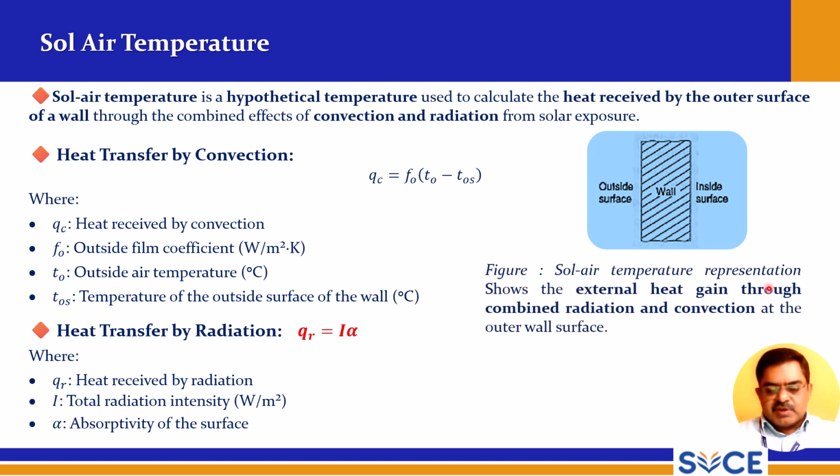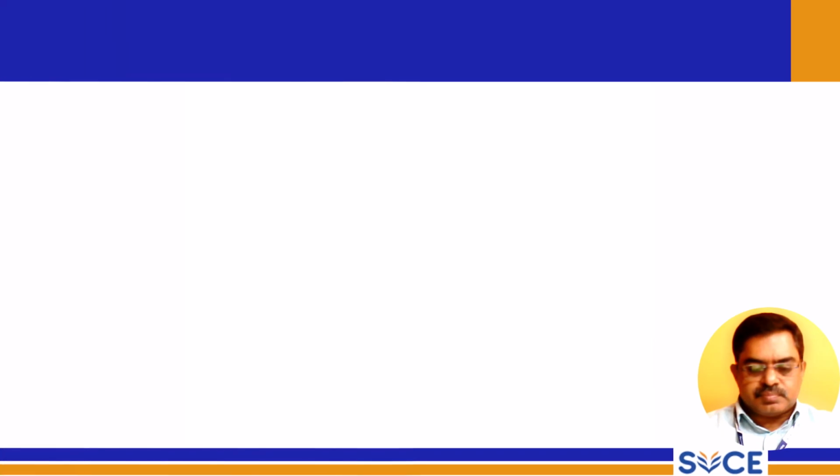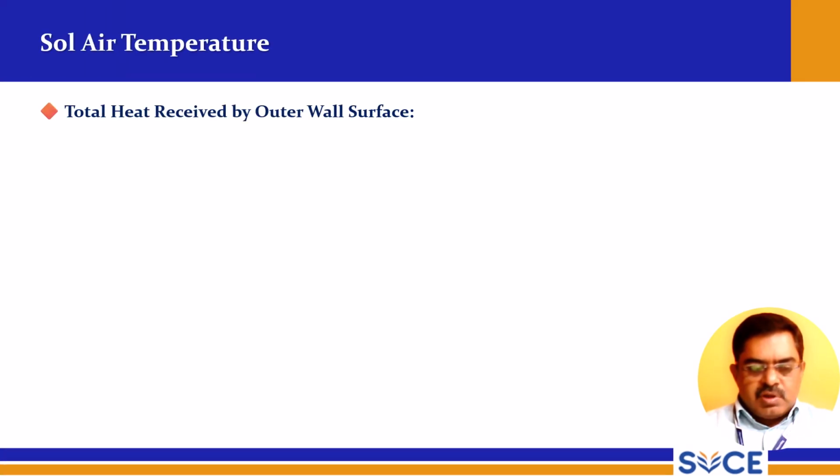So the solar temperature representation shows the external heat gain through combined radiation and convection at the outer wall surface. So total heat received by the outer wall surface is equal to QoS, where OS is the outer surface.